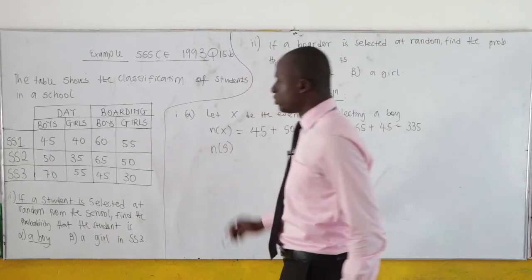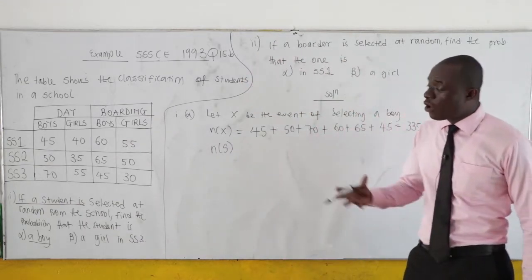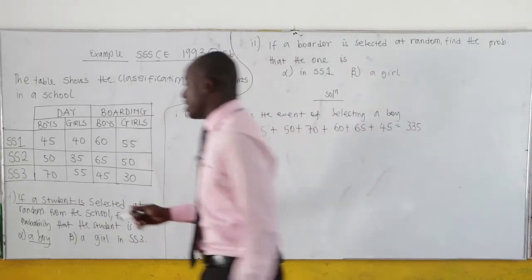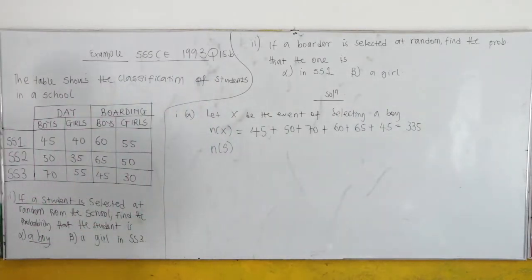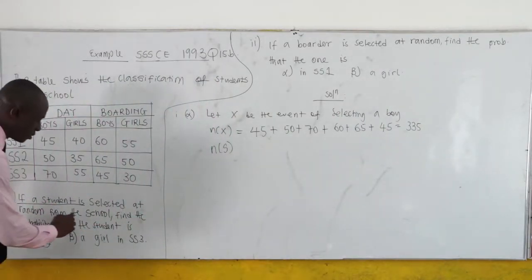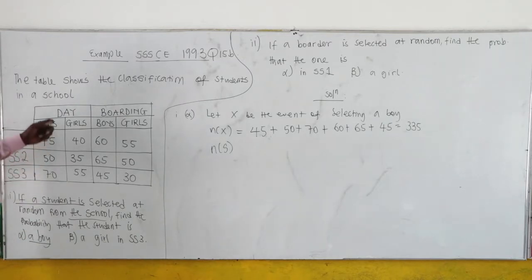Now, the sample space is the addition of all those in the school, because it says that if a student is selected at random from the school. So we know that in the school, we have the day students and then the boarders as well. So it is the addition of everybody.